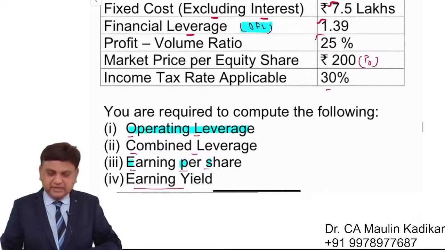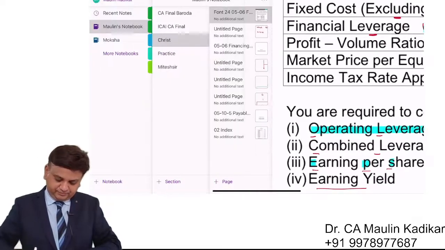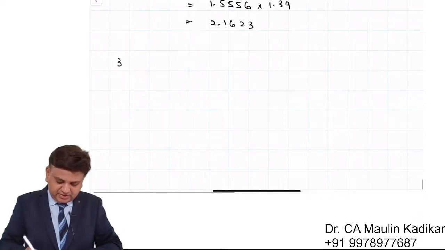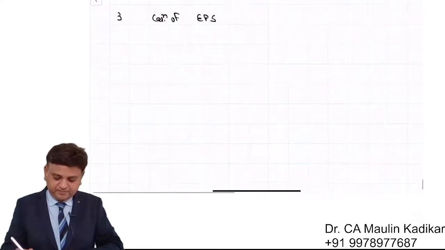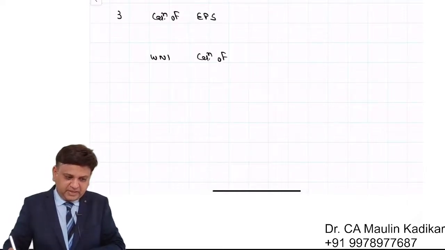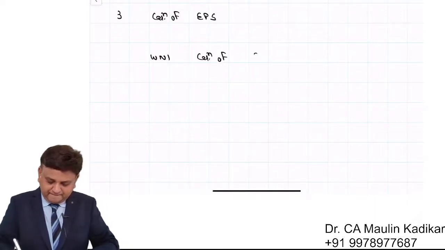And based on that, we can make the calculation of answer. So answer of the third question, calculation of earning per share. In that, write down working note number 1, calculation of earning before taxes.